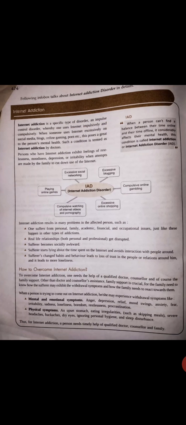Mental and emotional symptoms are there, and physical symptoms are there because of internet addiction. These things can happen. Okay, so the person suffers from personal, family, academic, financial and occupational issues, and real life relationship issues. Then the sufferer becomes socially awkward. So for internet addiction, a person needs timely help from a qualified doctor, counselor and family.